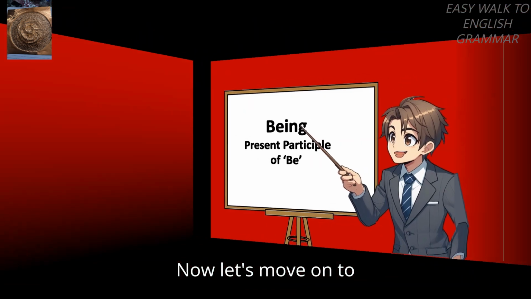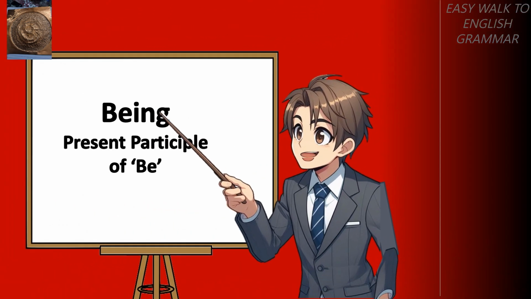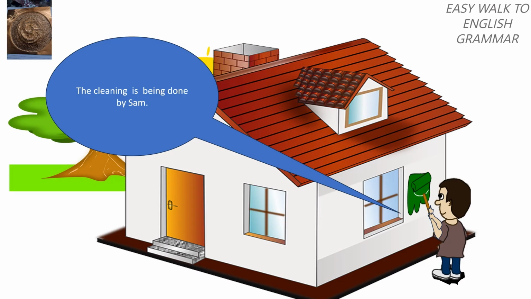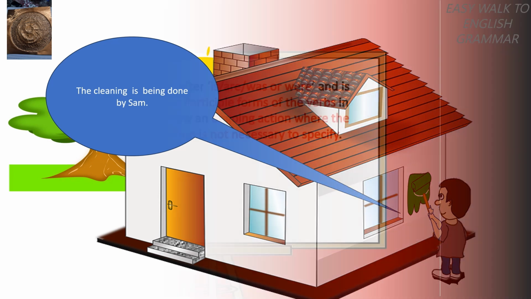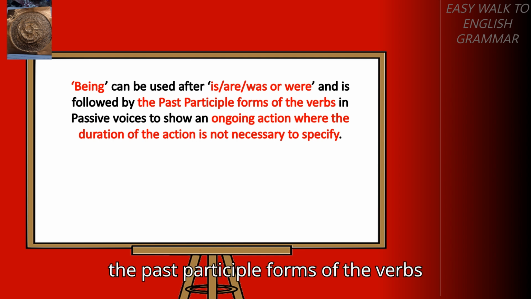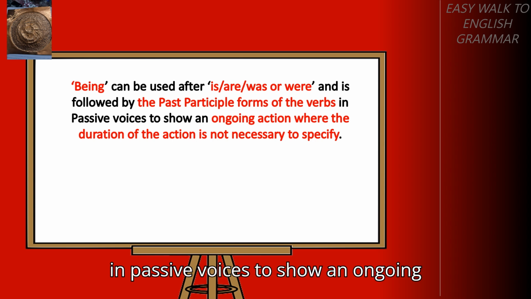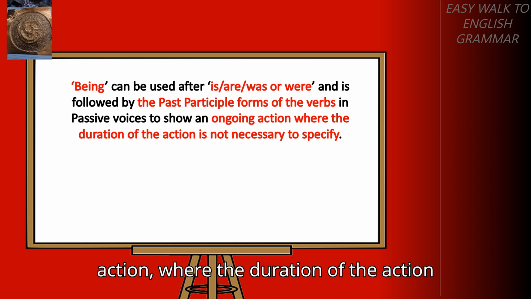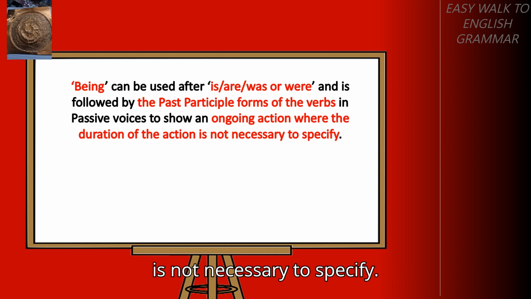Now, let's move on to Being. The cleaning is being done by Sam. Being can be used after is, are, was, or were, and is followed by the past participle forms of the verbs in passive voices to show an ongoing action, where the duration of the action is not necessary to specify.